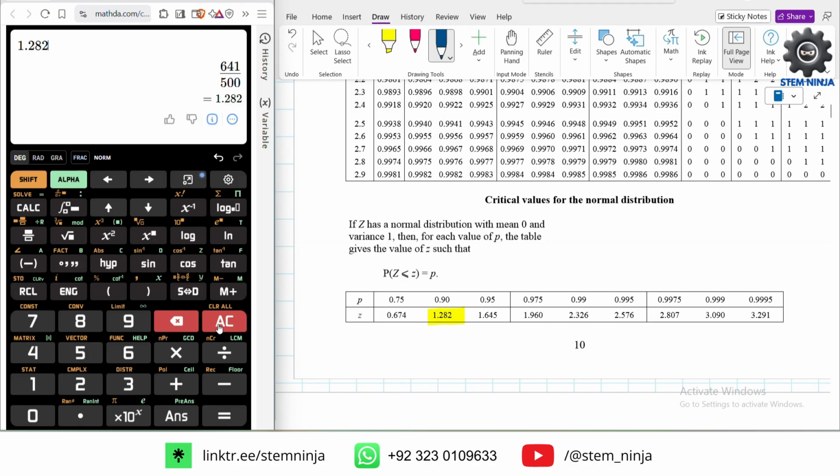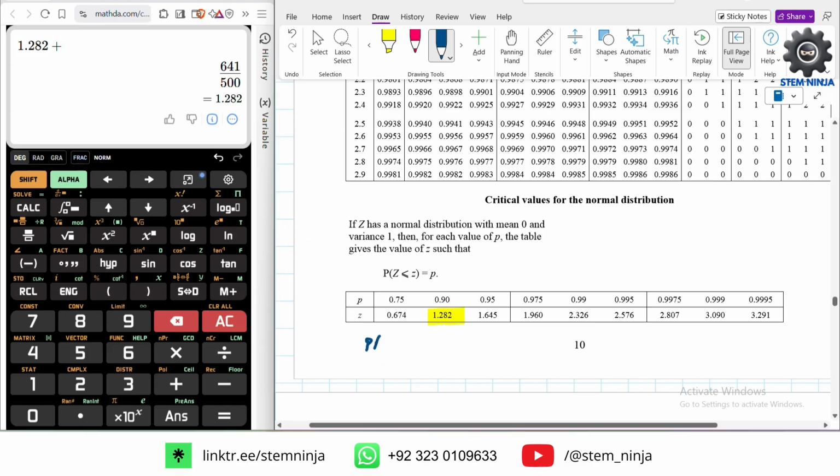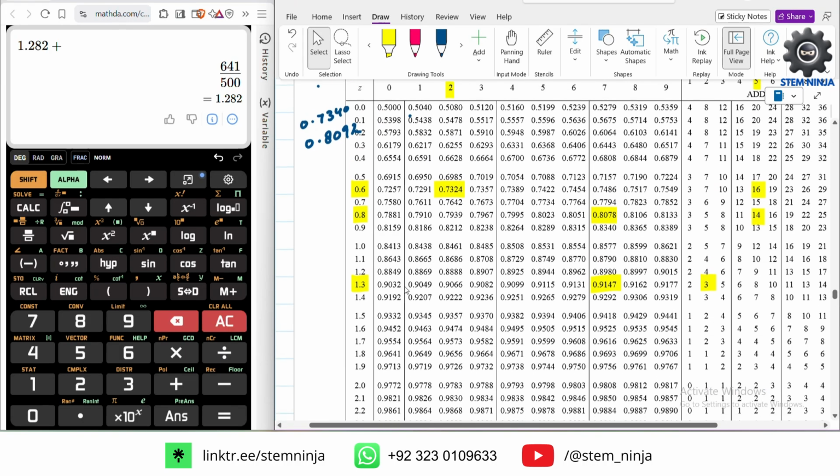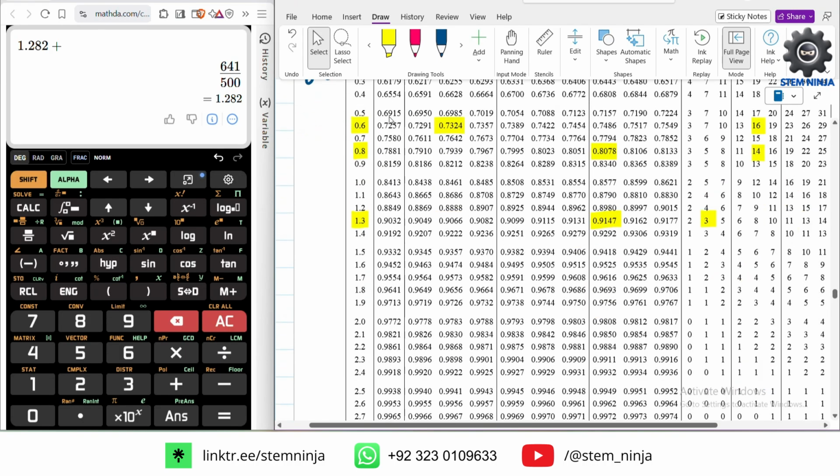Next up is Z less than 0.4. We are never going to find that. Why? Because the standard normal table starts at 0.5. So you see over here it starts at 0.5.